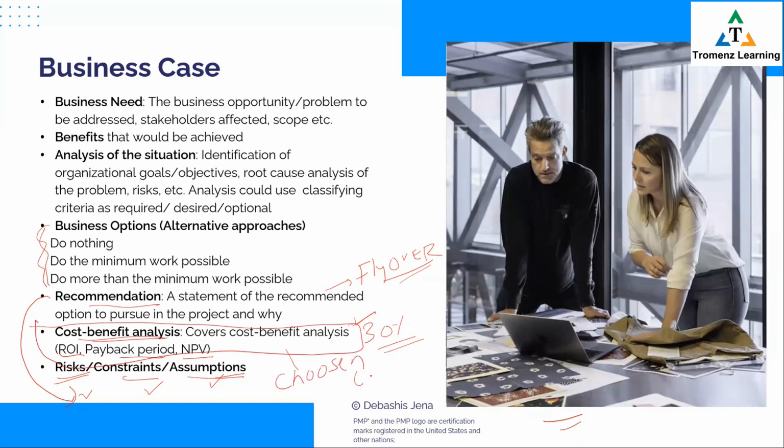But you must have done that cost benefit analysis for other options also, and somewhere you provide a reference to that. You may not include all of the details here in the business case document. You did it somewhere else where you can provide a reference for that. Okay, did that answer your question? Yeah, sure. Okay.